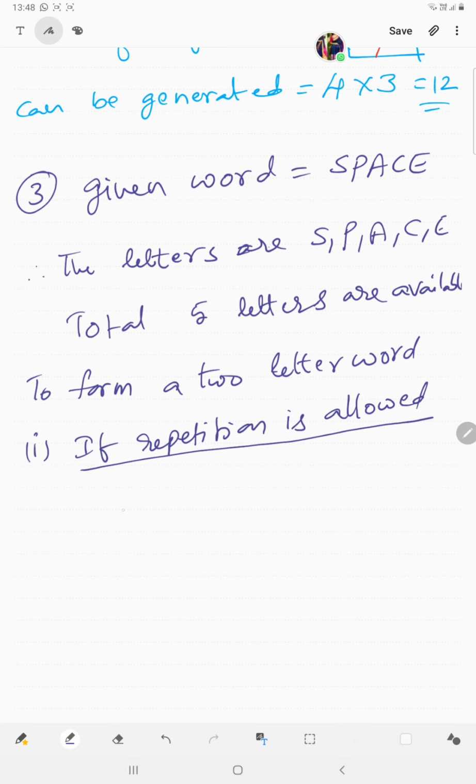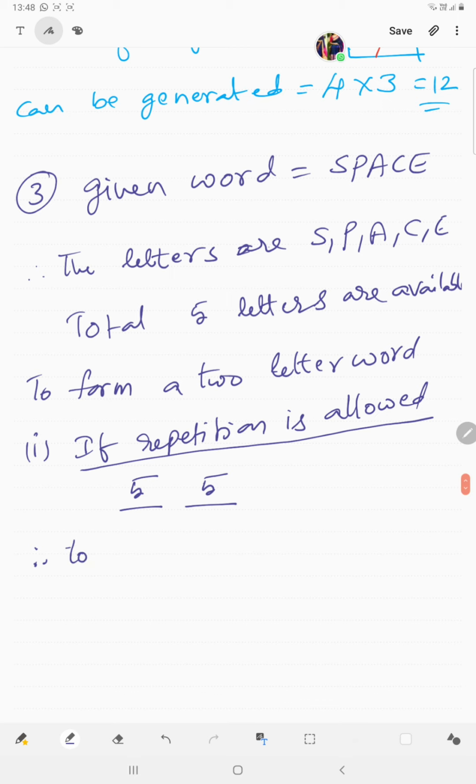we need two-letter words. 1, 2. Total how many letters are there? 5 letters. Therefore, you can choose any one of the letters. That means 5 ways you have for the first letter. And here repetition is allowed. This means you can use the same letter again. That means you have 5 options for the second letter also.